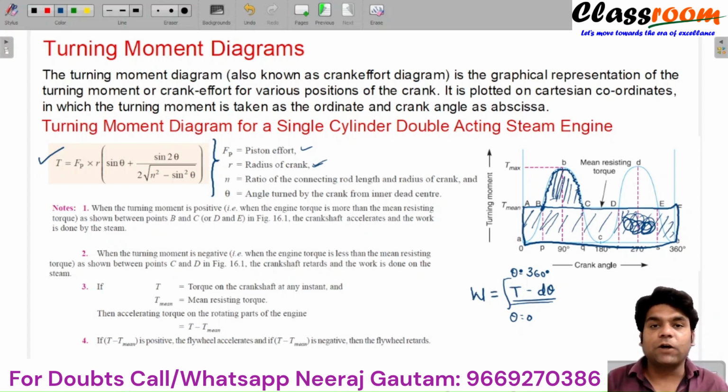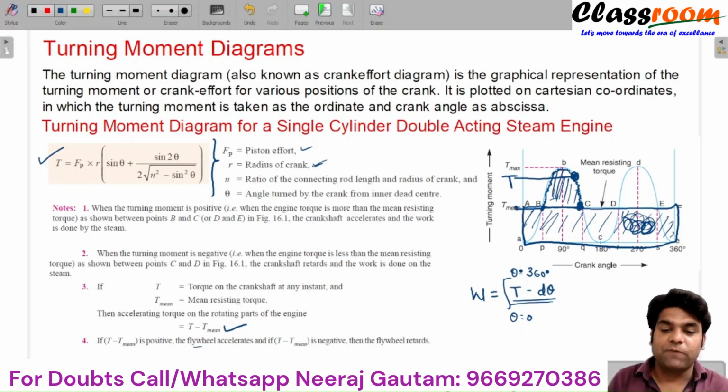Okay, so the net accelerating torque on the rotating parts is given by the difference of the torque at any instant of time, say T, and the mean resisting torque. So T minus T mean is the net effective accelerating torque on any rotating part of the engine. The basic rotating part of the engine is the flywheel.